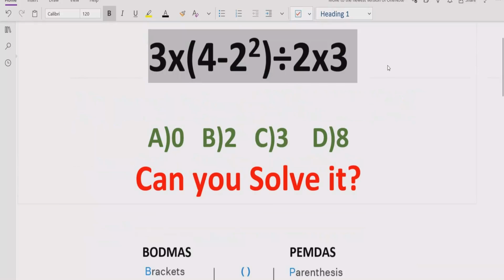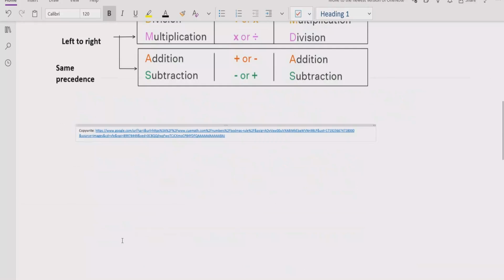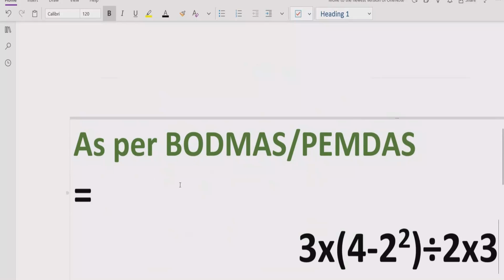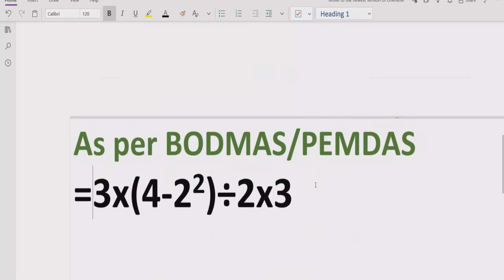First of all, we have to copy this expression. Yes, this one. We have to solve this one. First of all, we have to solve the bracket according to the rule. But inside the bracket, we have one operation and also we have a number which has the power.